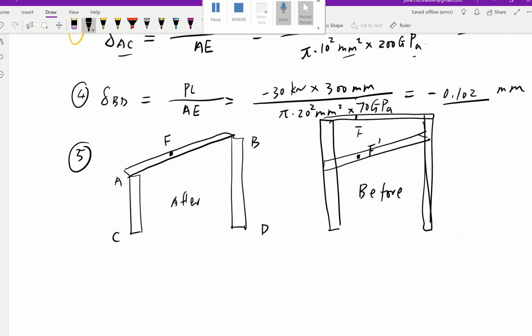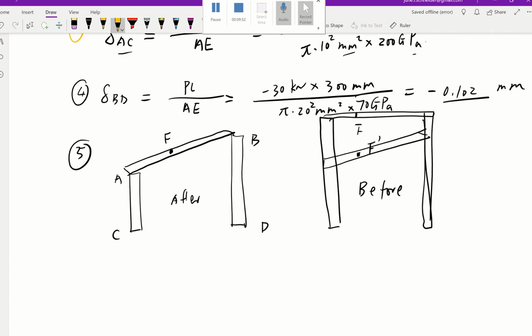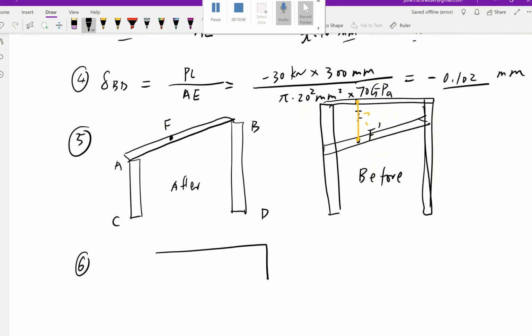Okay, so how do we figure out the displacement, which is from F original to final? That's our displacement. How do we figure out that distance? Well, it's pure geometry, right? So let's go ahead and try to solve it. If I were trying to look at that top shape right here, this area, we isolate that out, and this is how much contraction happened at the BD post.